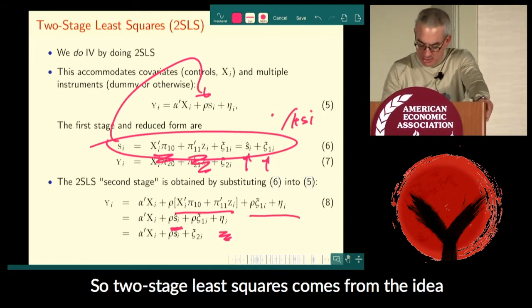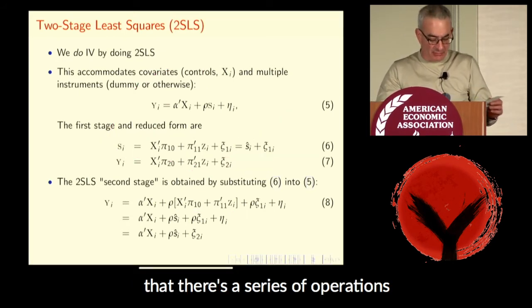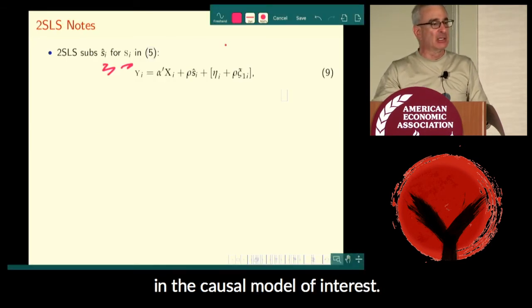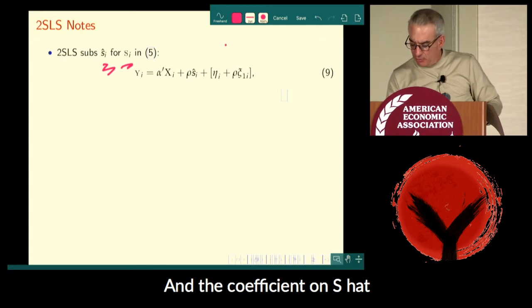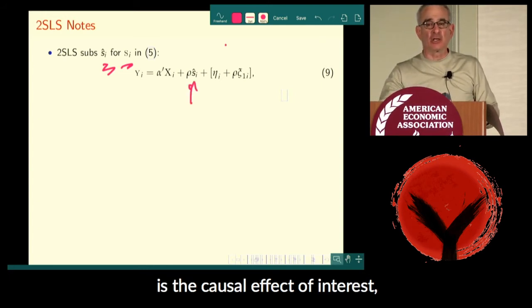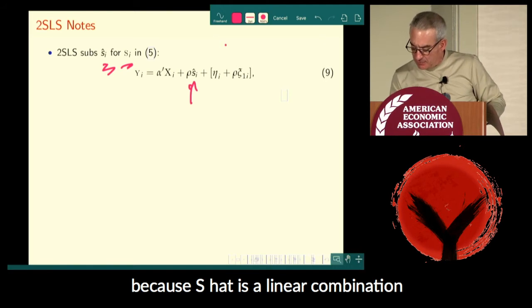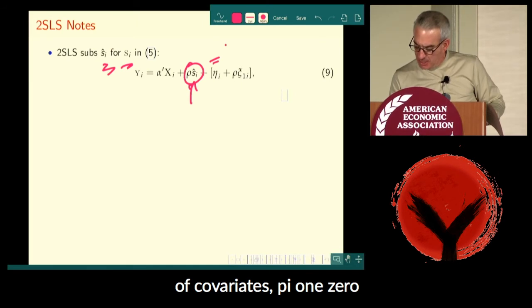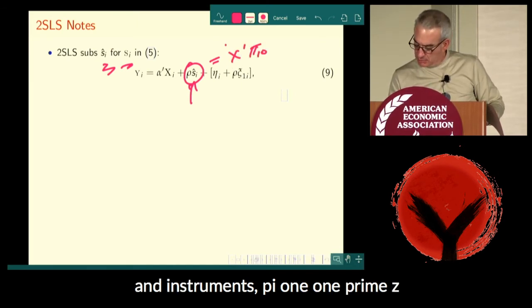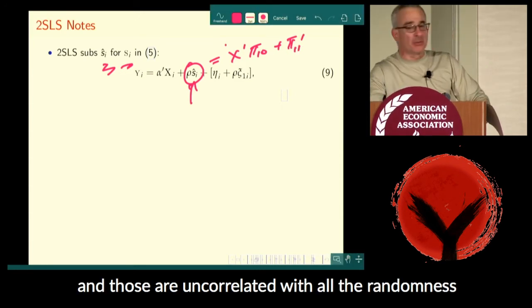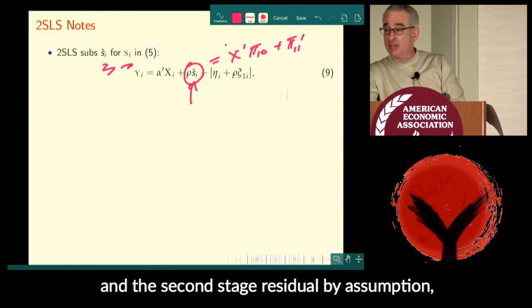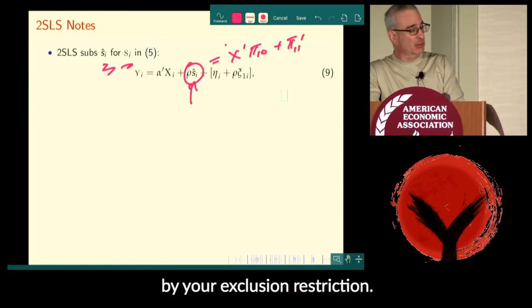So two-stage least squares comes from the idea that there's a series of operations where you substitute S hat for S in the causal model of interest, and the coefficient on S hat is the causal effect of interest because S hat is a linear combination of covariates, pi 1,0, and instruments, pi 1,1 prime z, and those are uncorrelated with all the randomness in that equation, including the first stage residual by construction and the second stage residual by assumption, by your exclusion restriction.